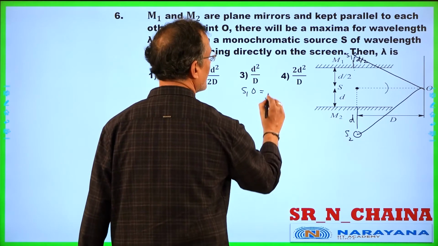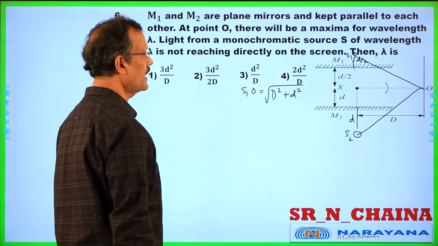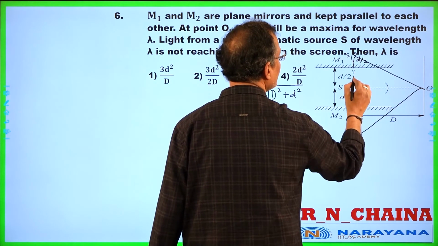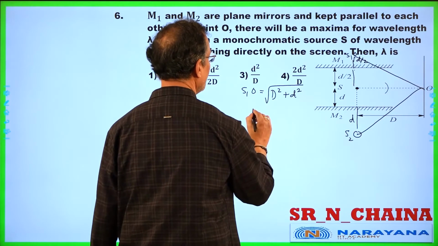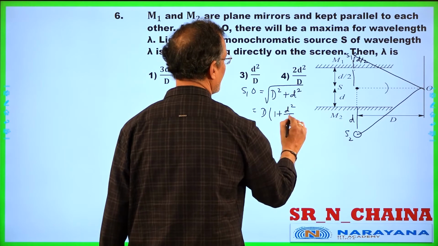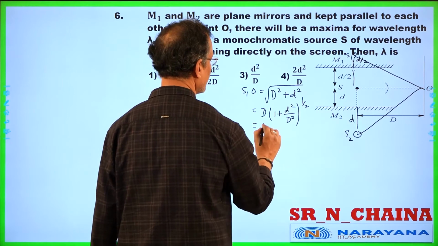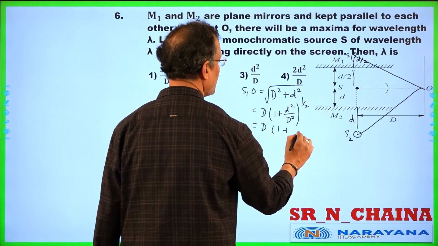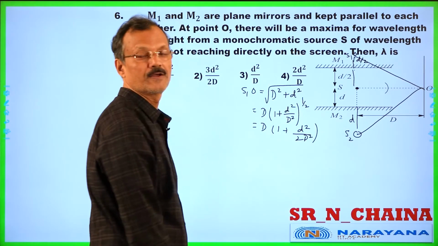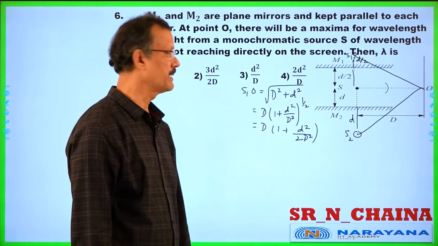This will be equal to square root of d squared plus (d by 2) squared. Take out d: d times (1 plus (d by 2) squared by d squared) to the power half. How much are you getting? d times (1 plus d squared by 2 D squared). You have used binomial expansion. You have neglected higher powers of d squared by D squared.